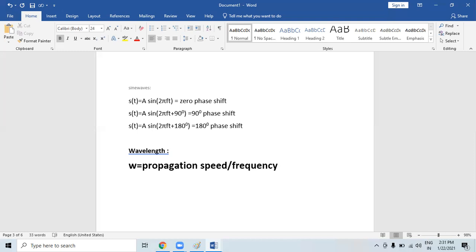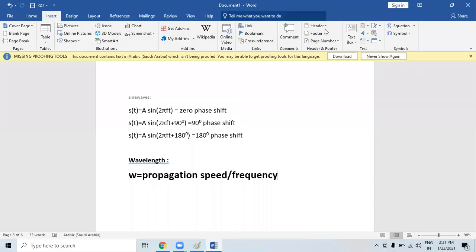If you want to find the wavelength, wavelength, lambda or W, is defined as propagation speed upon frequency, which is equal to propagation speed into period.